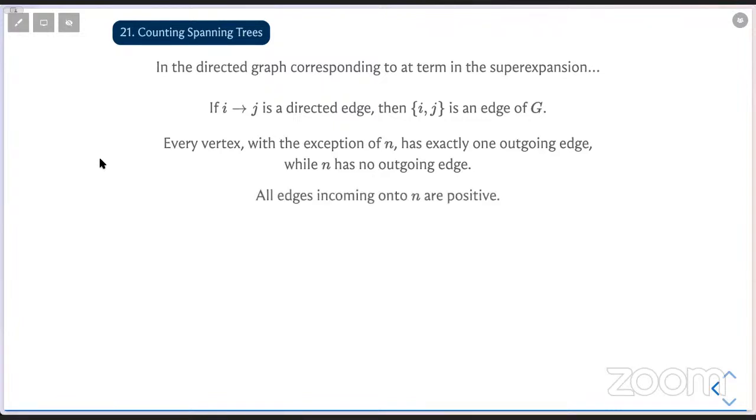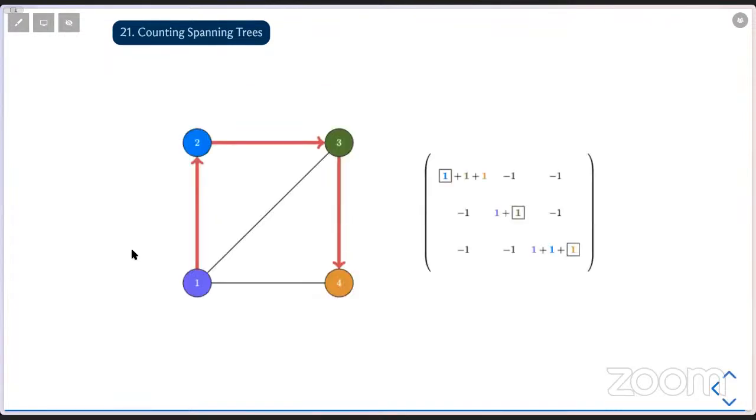Okay. Every edge that comes onto n is positive. So, okay, let's see. Janki has a question: what if there is an edge from 3 to a new vertex 5? Okay, the graph that we are considering has 4 vertices and we knocked out the 4th row and 4th column. If you have 5 vertices, then presumably you would have L minus with 4 rows and 4 columns, right?